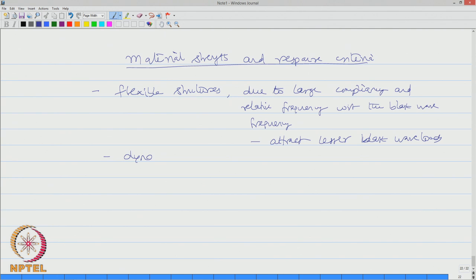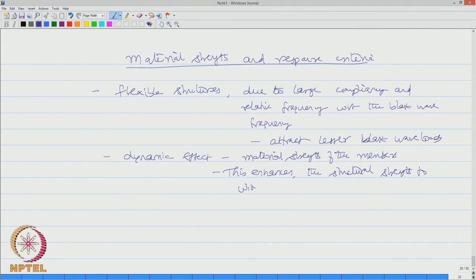So, the dynamic effect plays a very important role on the material strength of the members. So, this enhances rather the structural strength to withstand blast wave loads.